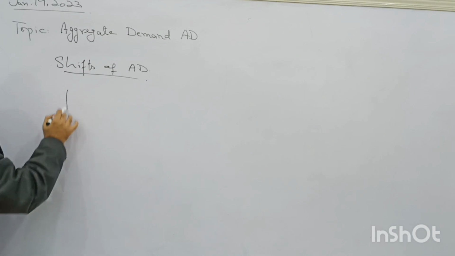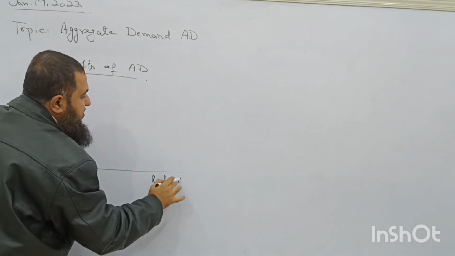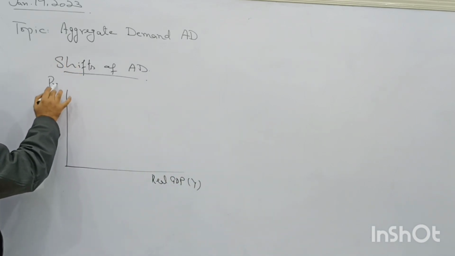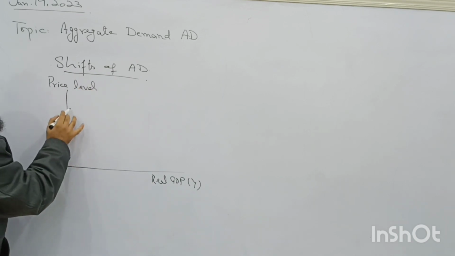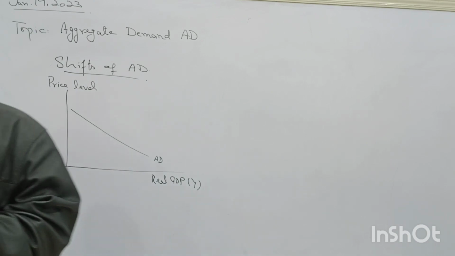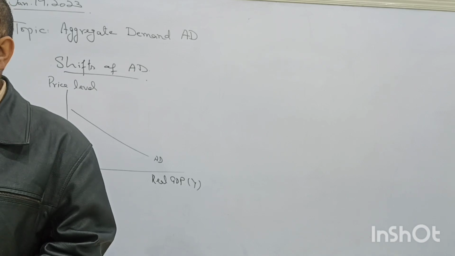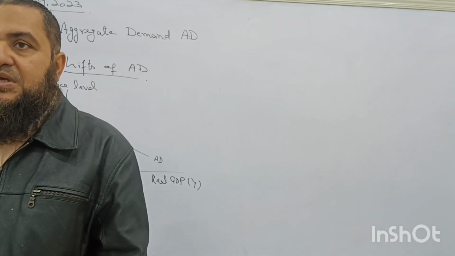Okay. Now see over here. I am trying it again. This is real GDP, that's Y, and this is the price level. Look here. When people are expecting that the general price level will increase in the near future, what happens?